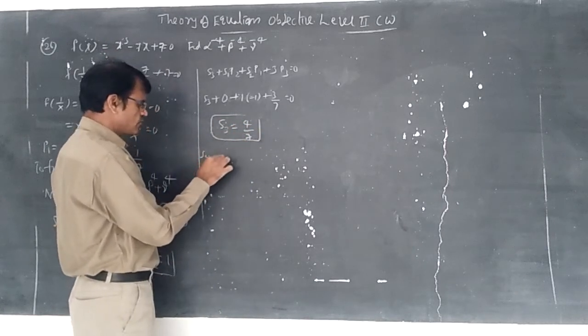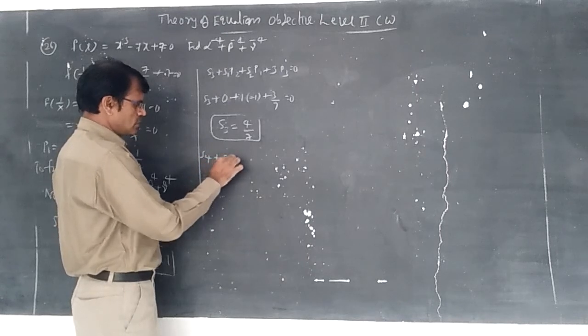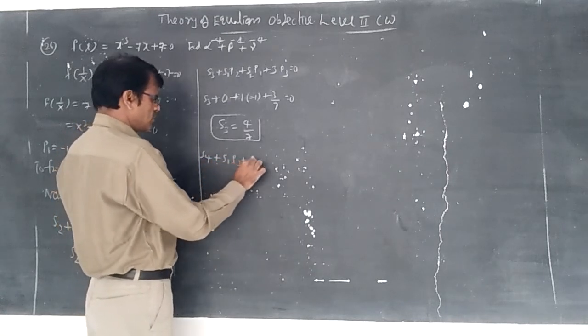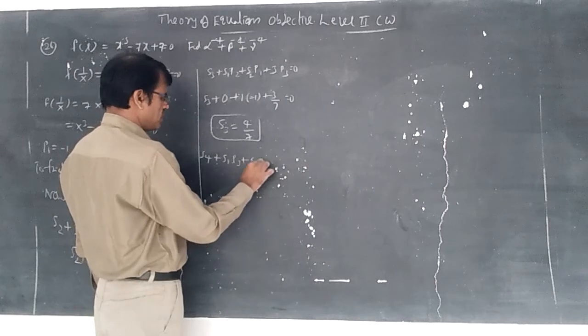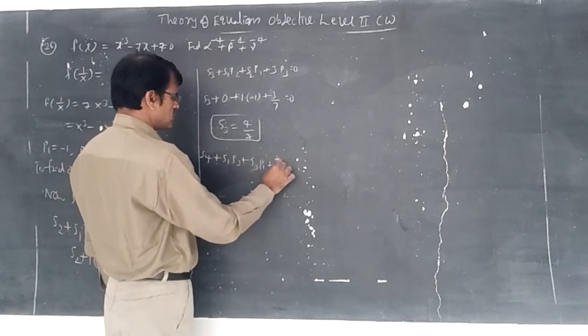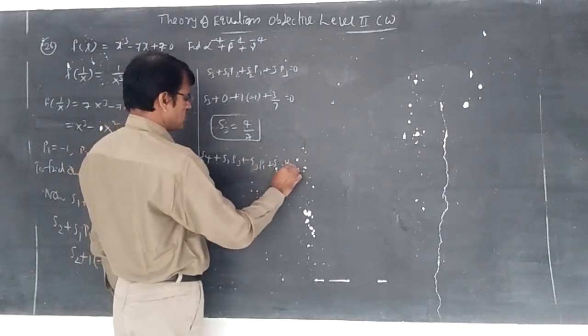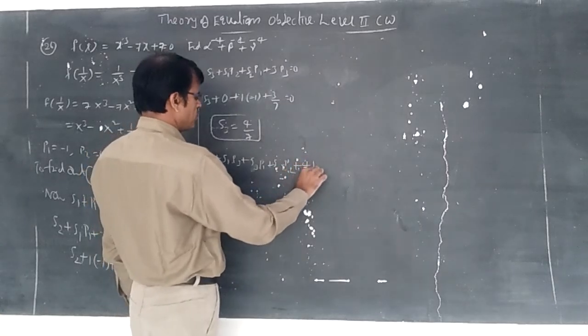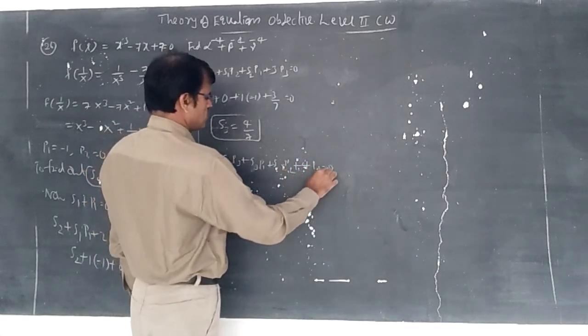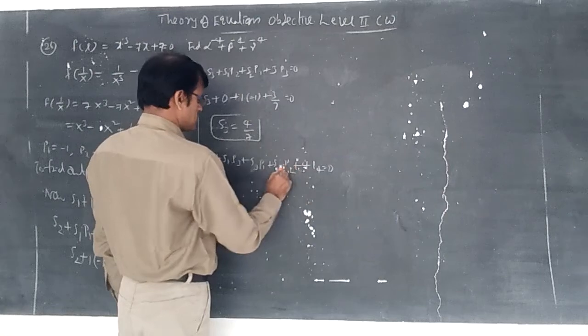Now S4 plus S1 P3 plus S3 P1 plus S2 P2 plus 4 P4 equal to 0.